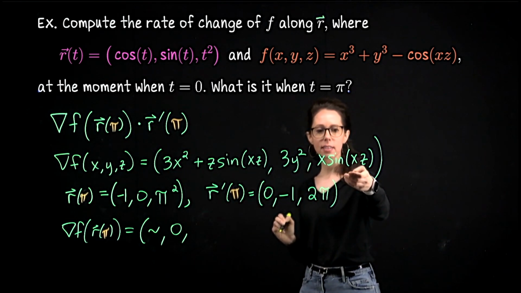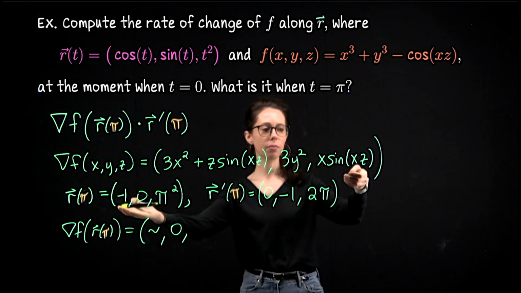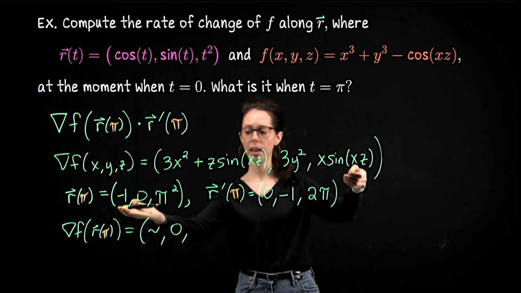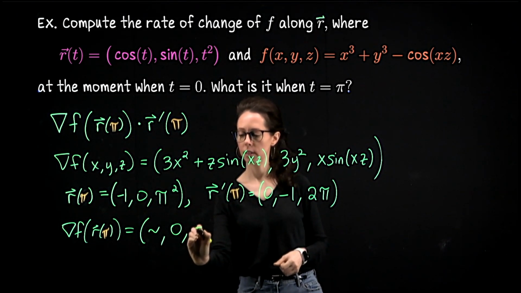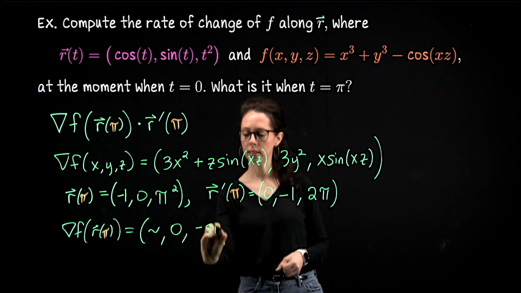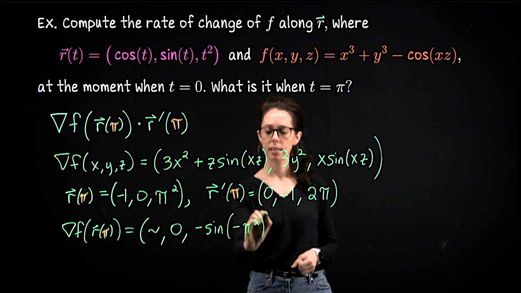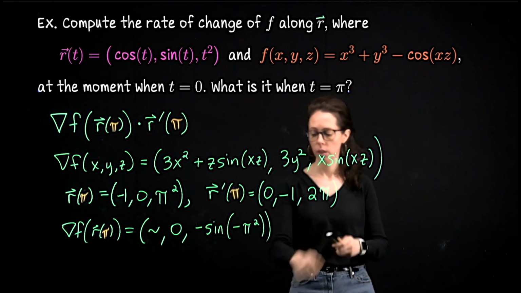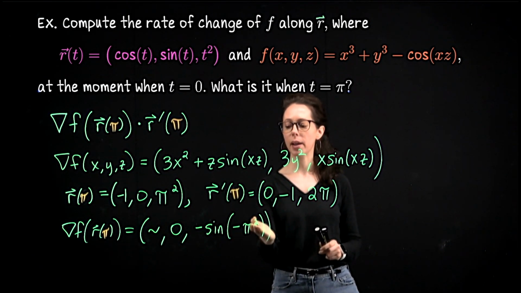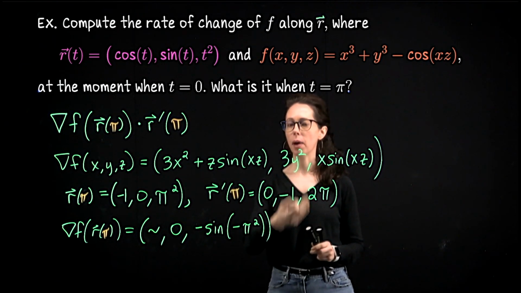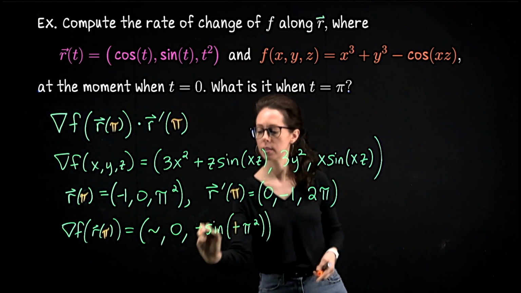And then x sine xz would be -1 times sine of negative pi squared. Sine is odd symmetric, which means sine of negative pi squared is negative sine of pi squared. So I can do this.